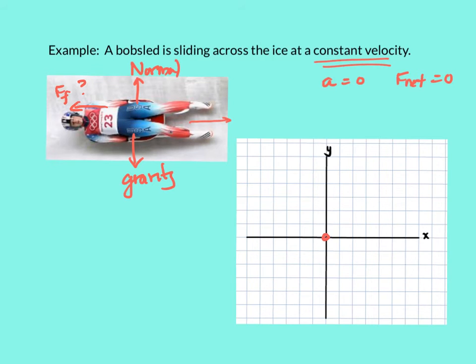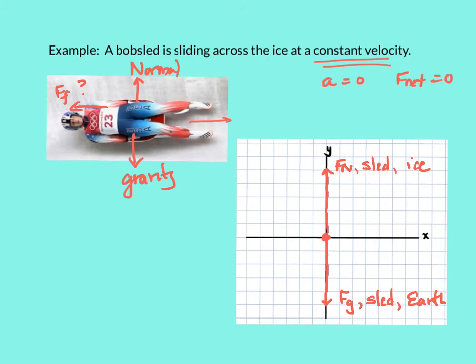So I've got my bobsled. I've got my gravity, force of gravity on the sled by the Earth. Got a normal force, F normal on the sled by the ice.